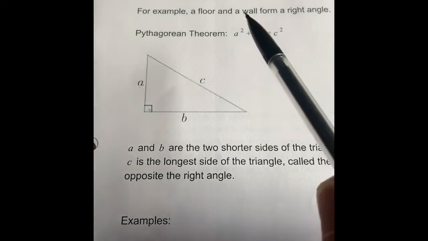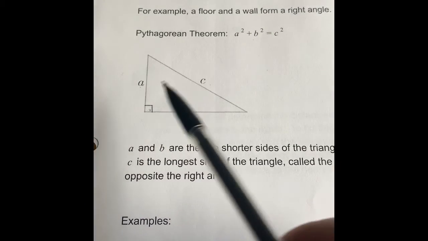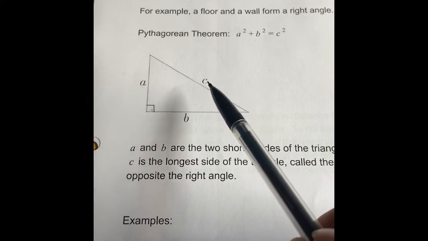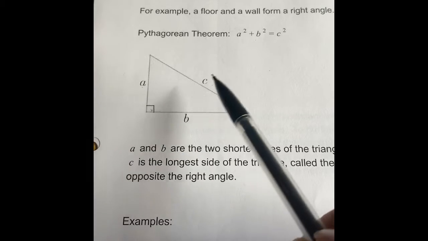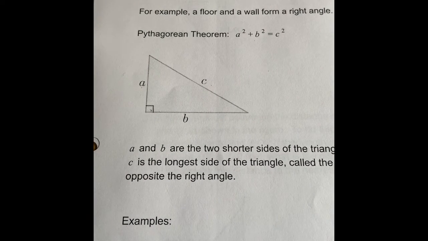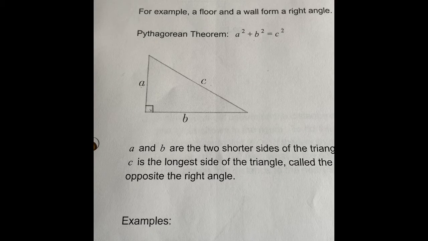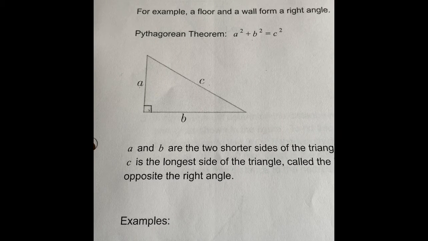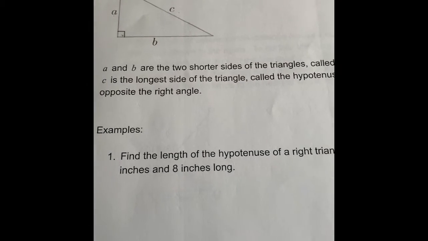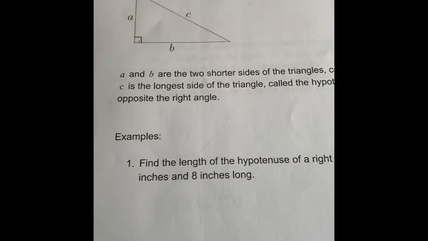So when we're plugging things into the Pythagorean theorem, A and B you could mix up, but C always has to be the longest side. It has to be the side opposite of that right angle. So it is important that you're plugging the right number into the right variable of that Pythagorean theorem formula. Okay? So let's take a look at using this.